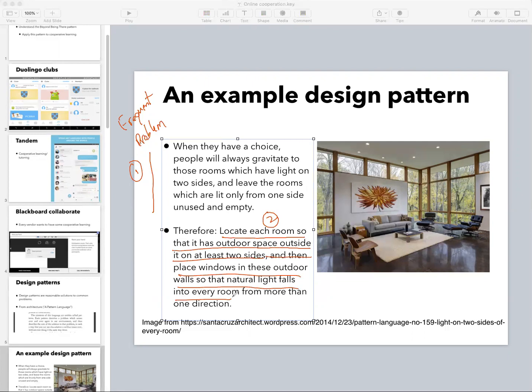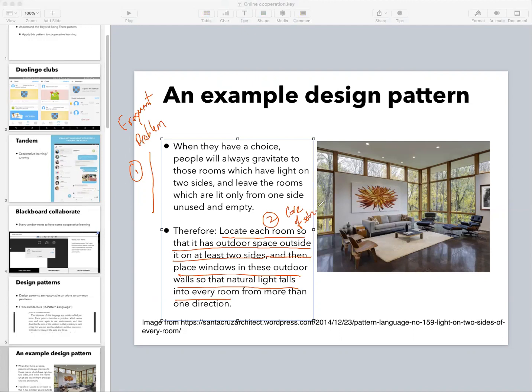Now, you can think of implementing this core of a solution in many, many different ways. And if you look around in many buildings that you've been in, you'll see that architects have implemented the solution in different ways indeed. So this is a frequent problem, and this is a core of a solution.